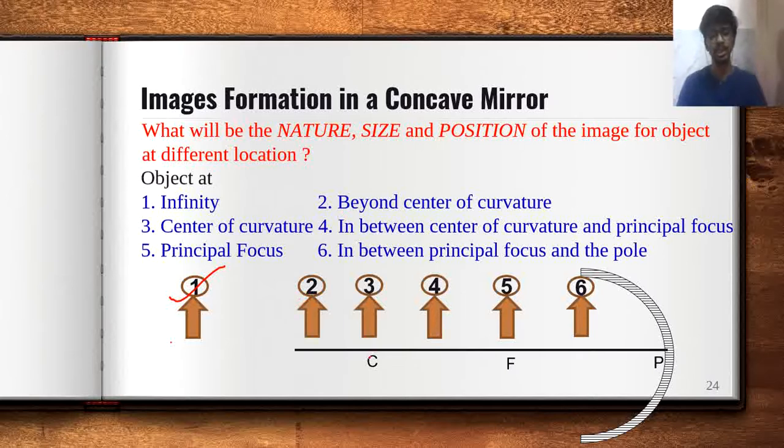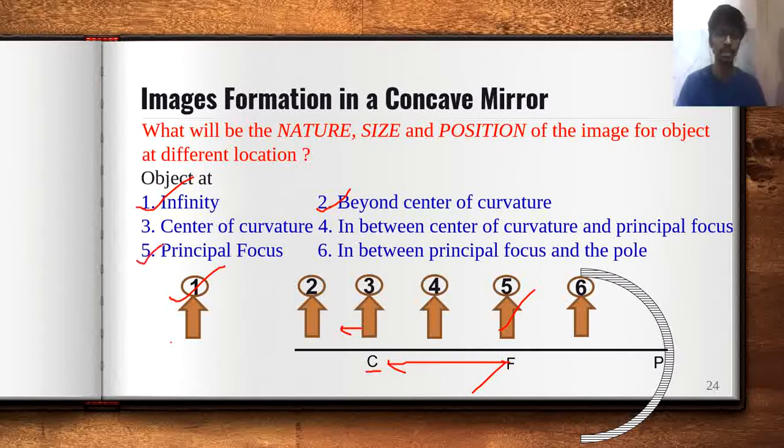Object can be at infinity, object can be beyond the center of curvature, object can be at the center of curvature, or object can be between center of curvature and the focus, or object can be at the focus, that is the 5th case.